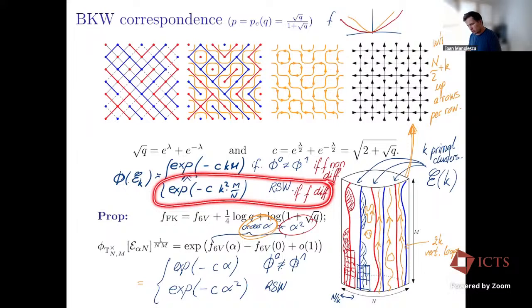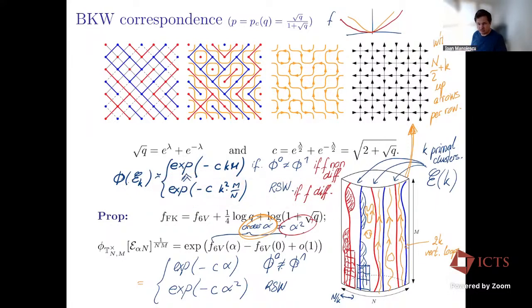And you remember this heuristic about getting this cost here for the event. The heuristic was, well, I can produce the event at the cost of order this, or exponential of this, by saying, look, I take all these little rectangles and I cross them and so on. Obviously, this is suboptimal. It's not like this that the event is going to get created.